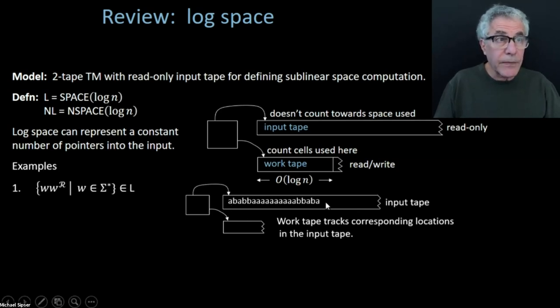So here is an input in WW reverse. It's a palindromic string, which is of even length. And so you can make a machine in log space that can test whether its input is of that form. And the work tape, all it needs is a couple of pointers that refer to the corresponding places of the input that you're looking at the moment.